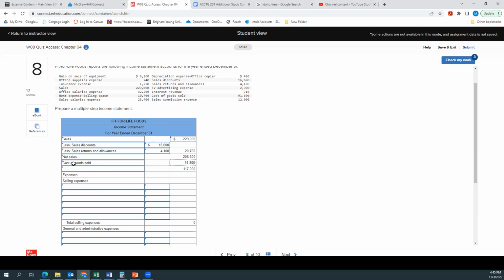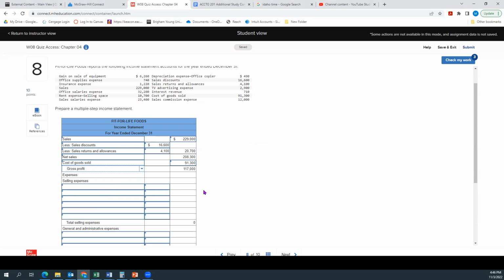And so my net sales minus my cost of goods sold is known as my gross profit. So my sales minus any discounts and returns and allowances, minus my cost of goods sold, gives me my gross profit. Sometimes that's called your profit before fixed expenses, but gross profit's the most common term.